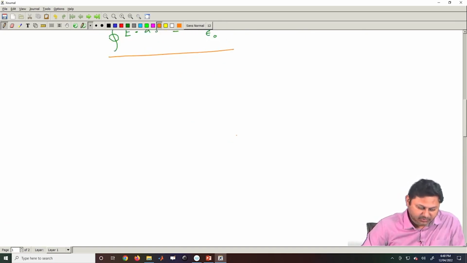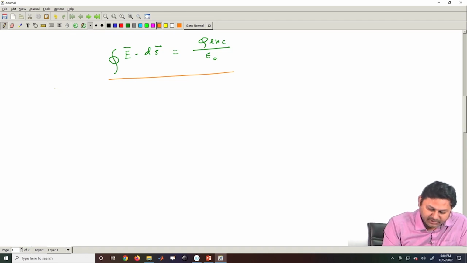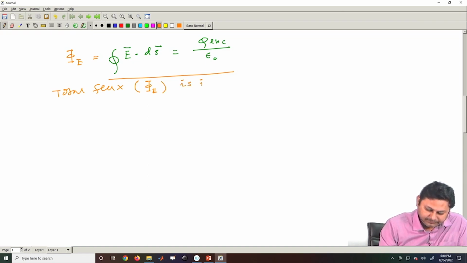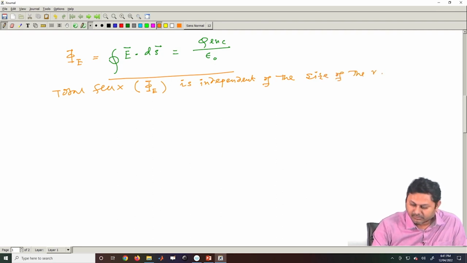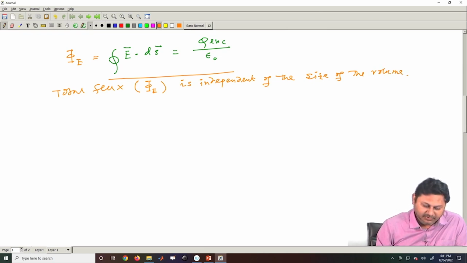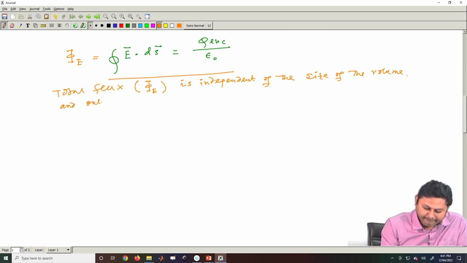Well, now we will go on. I can write that from here we can see that the total flux phi e is independent of the size of the volume, and only depends on the total charge.